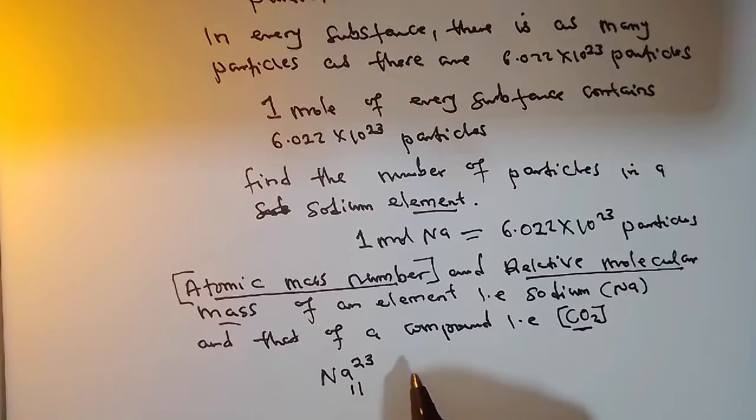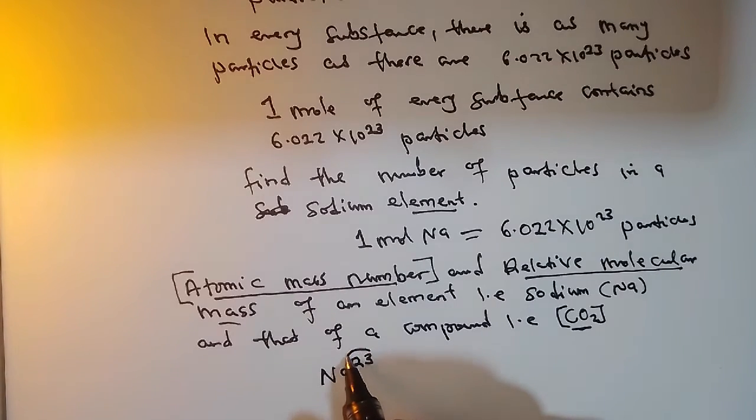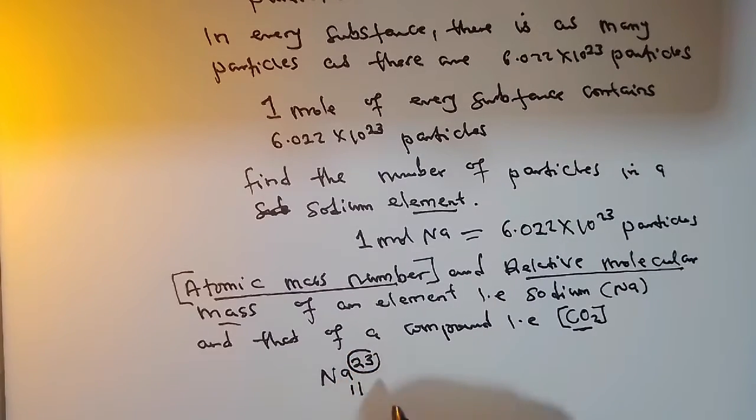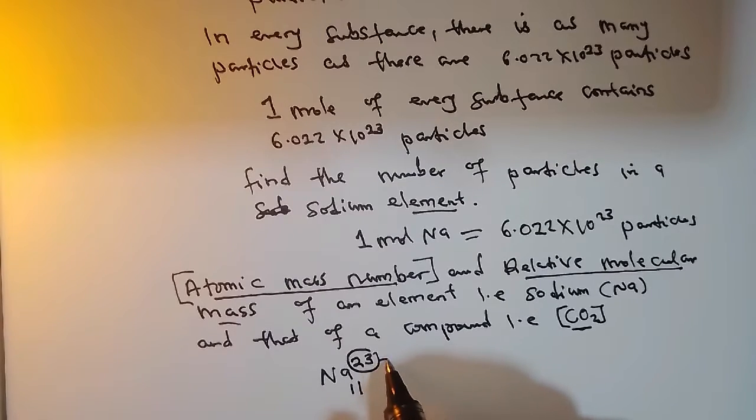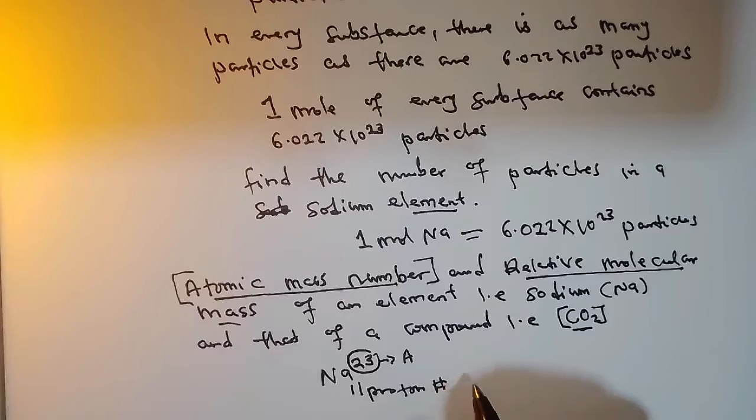Now, whenever we are dealing with the mole concept, the mass number is this number on top. Okay, and this is the mass number, represented by A. And this is the proton number, represented by Z.